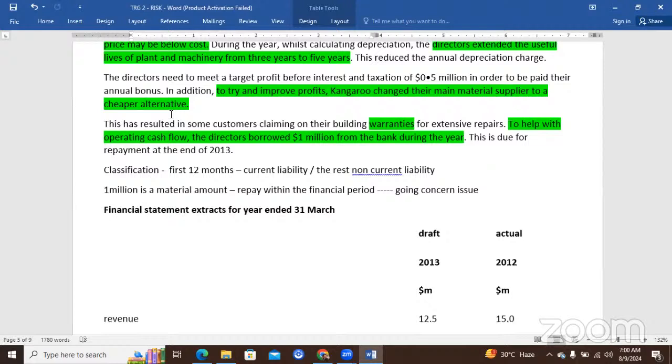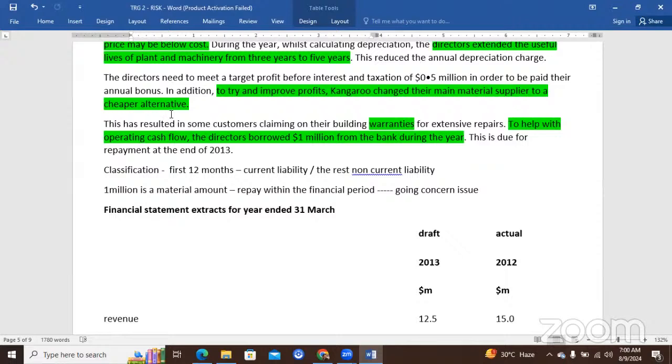When the quality of the product is reduced, what is the impact? Sometimes the customer might file a case against the organization. Returns may increase, so warranty claims may increase. So there is an obligation. In that situation, we need to increase our provision. The level of provision needs to be increased.